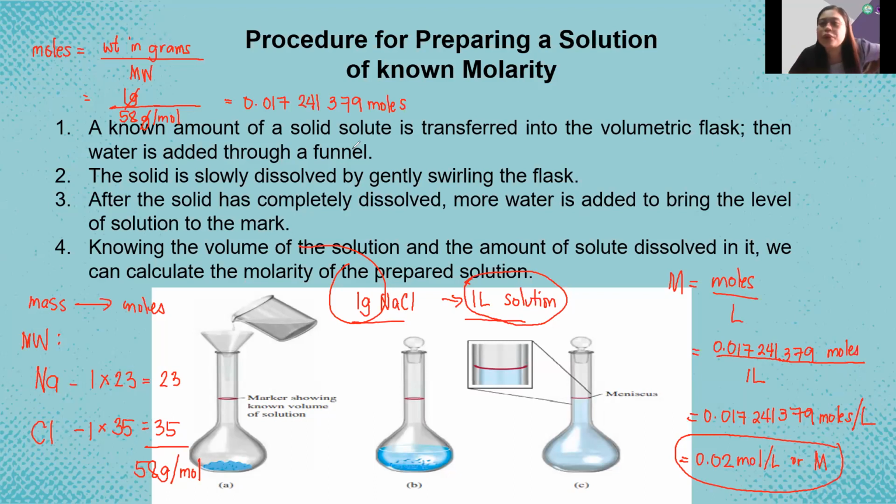Now, since we don't currently have a laboratory equipment that will measure the number of moles, then all we need to do is just convert the weight in grams into the number of moles using the formula you can see on the screen on the upper left side. Moles is equal to weight in grams divided by the molecular weight.